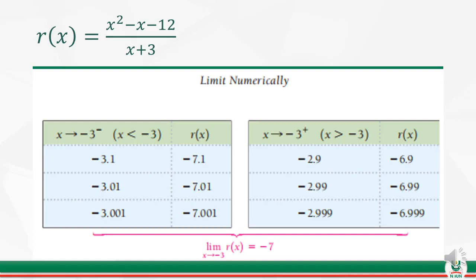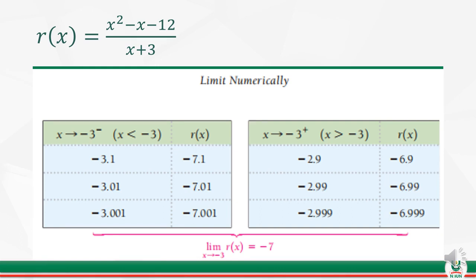Then to the right hand side, when we have minus 2.9, we are getting closer to 6.9. When it's getting closer to minus 2.99, it's getting to 6.99. When you get to minus 2.999, it's getting closer to 6.999. That is, it's getting closer to 7.